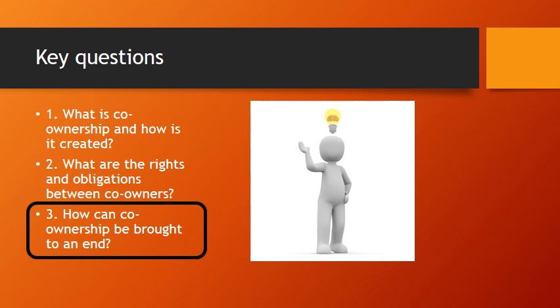What else did we discuss? Oh, that's right, the rights for bringing somebody else onto the property, i.e. a stranger, or creating a lease, or some other type of possessory arrangement. In this particular recording, we're going to talk about, okay, well, once we know how it's created and what the rights and obligations are, how can we bring it to an end?